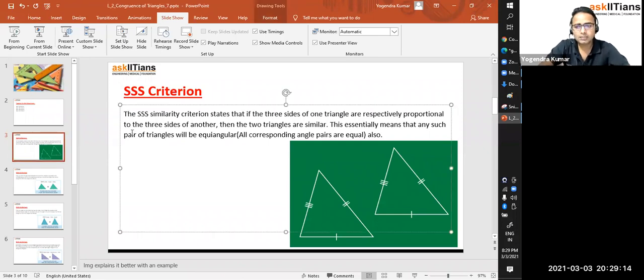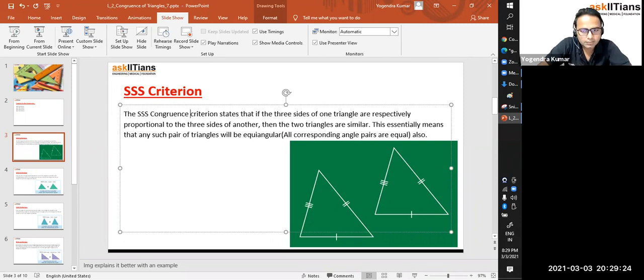So let me correct it here. The congruency criteria states that if three sides of one triangle are respectively equal, not proportional, proportional is for similarity, to three sides of another, then the two triangles are congruent.